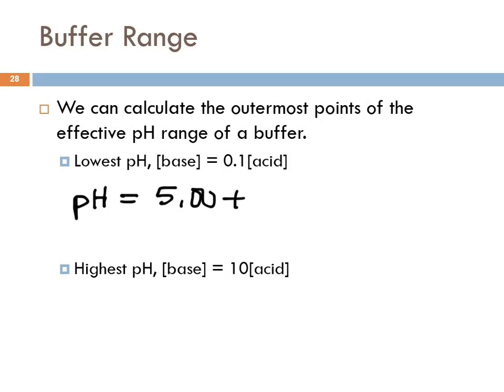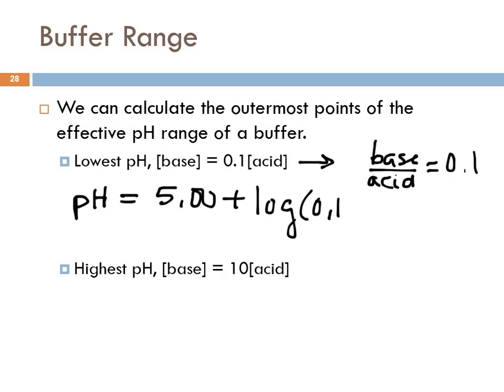So now what this gives us is that the base over the acid is 0.1, right? So then here we're going to have the log of 0.1. The log of 0.1 is -1, right? And so this ends up being a pH of 4.